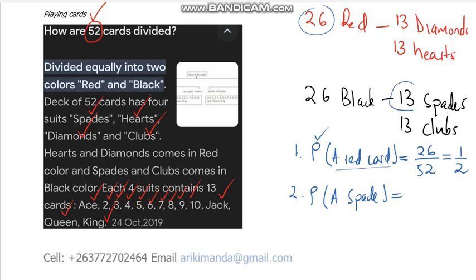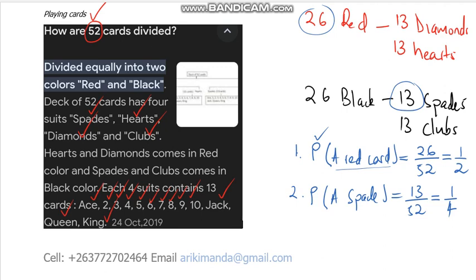Remember, there are 13 spades. So the probability will be 13 over the total number of cards, which is 52. When you reduce this fraction to its lowest terms, it becomes 1 over 4. It's important to understand these colors and the 4 designs, namely diamonds, hearts, spades, and clubs.